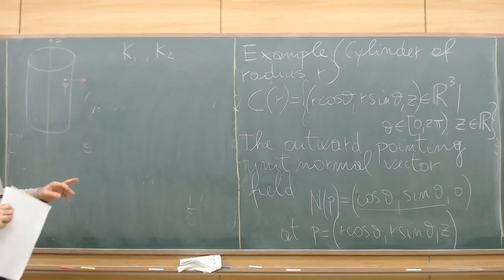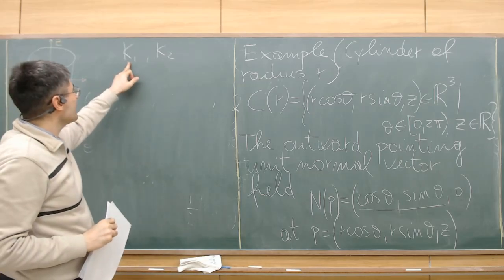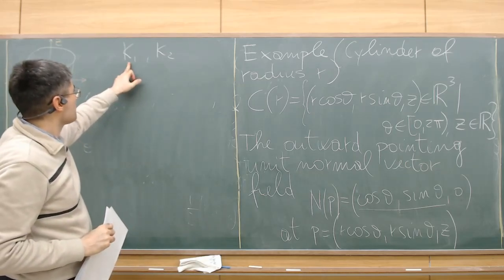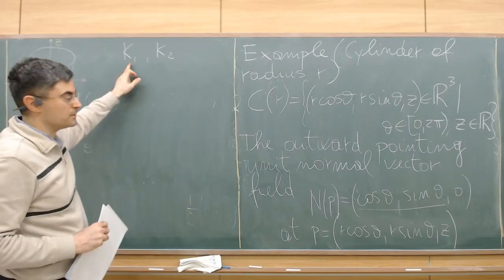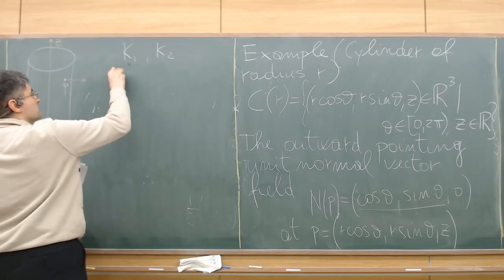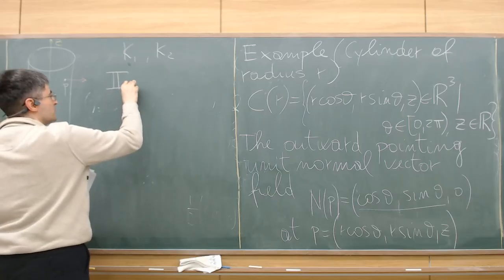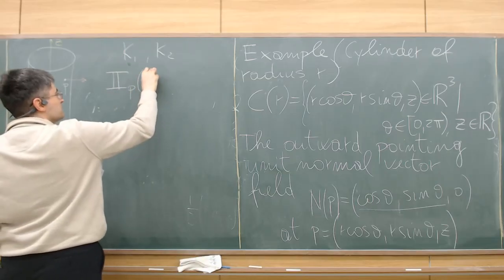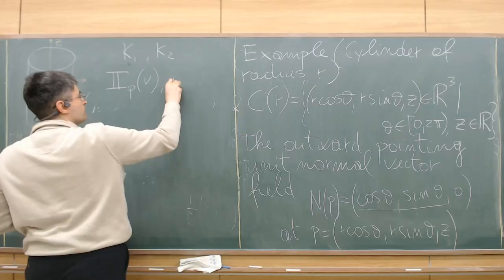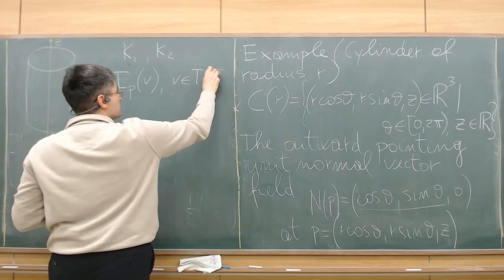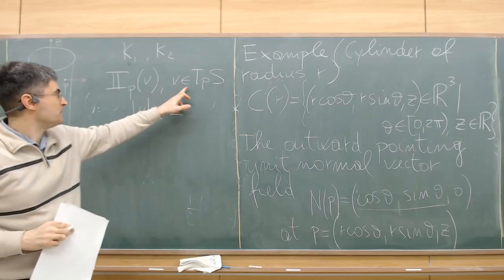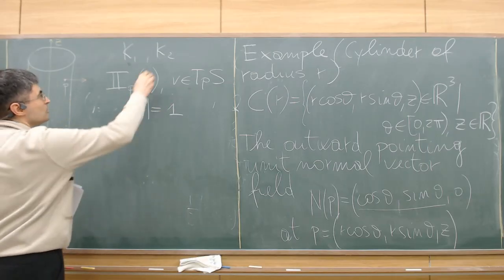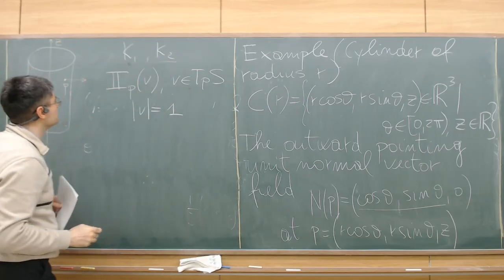So the previous remark says that K1 is the smallest possible value for the second fundamental form evaluated at a vector of TPS of length 1, and K2 is the largest possible value.